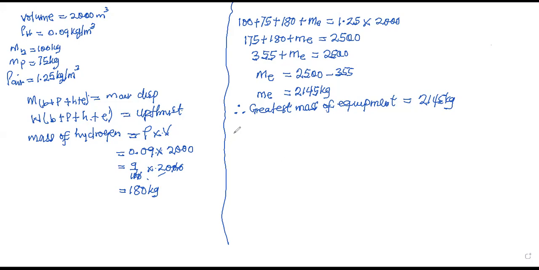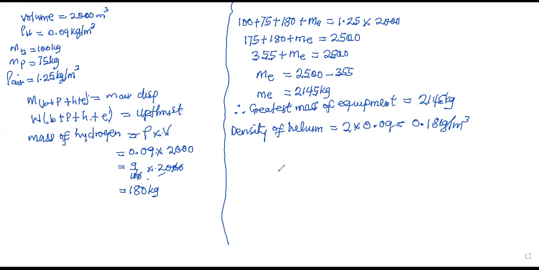So it means that density of helium must be equal to 2 times the density of hydrogen. So this would amount to 0.18 kilogram per cubic meter.